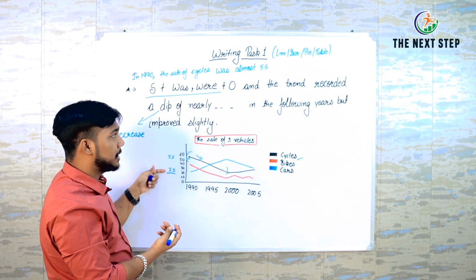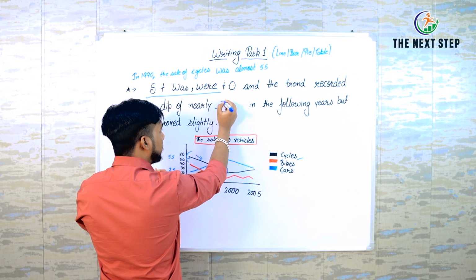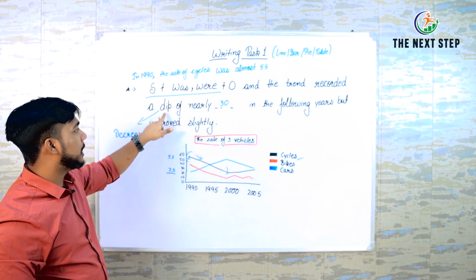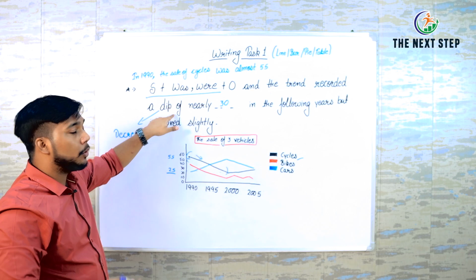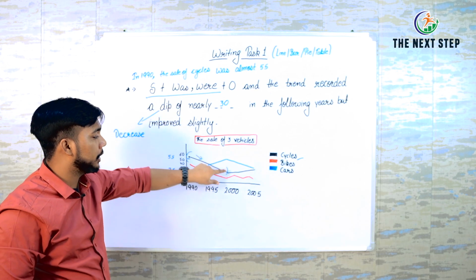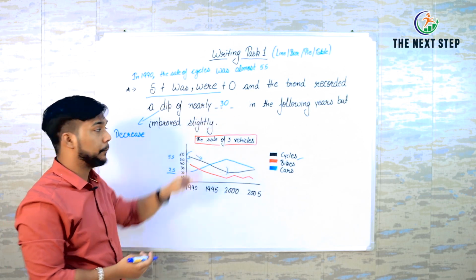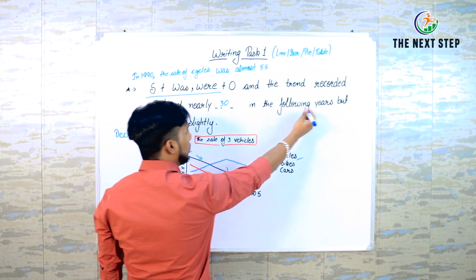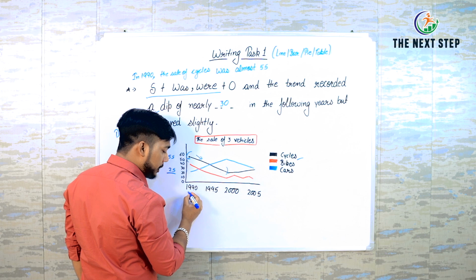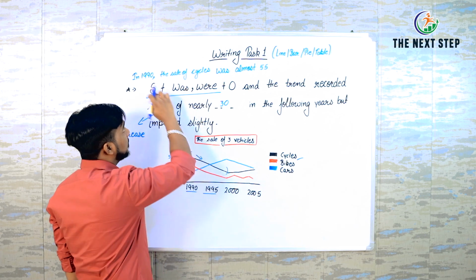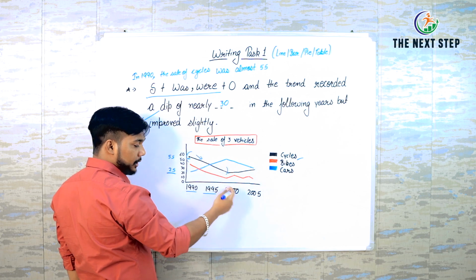So as you can see, the difference is about 30. As we are writing a dip of nearly, from here to here it dropped with the gap of 30.